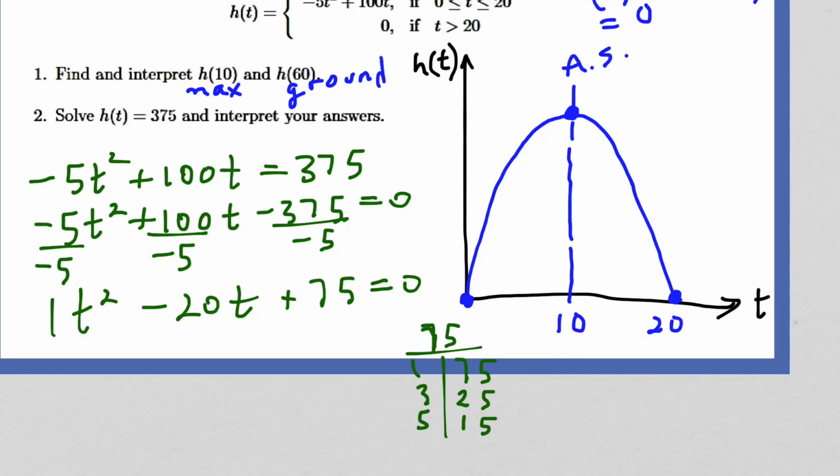All right, so they have to multiply to give positive 75, and they have to add to give negative 20. So if I put negatives on these two, they're going to add to give negative 20, and they're going to multiply to give 75. So I am factorable, so that's t, 2 negatives.